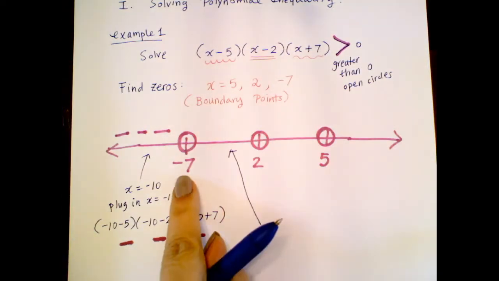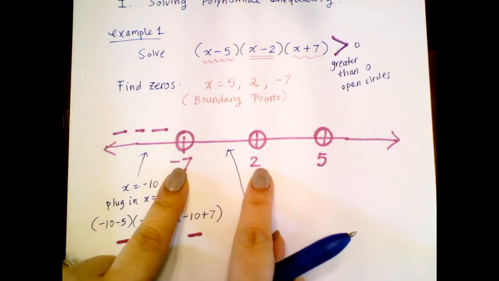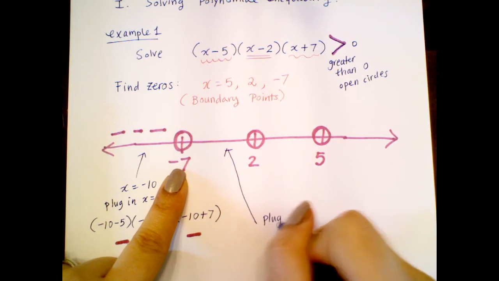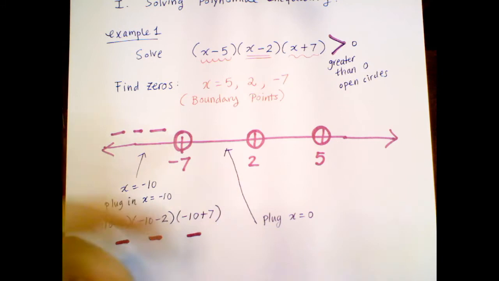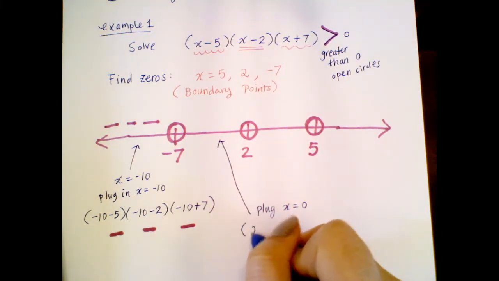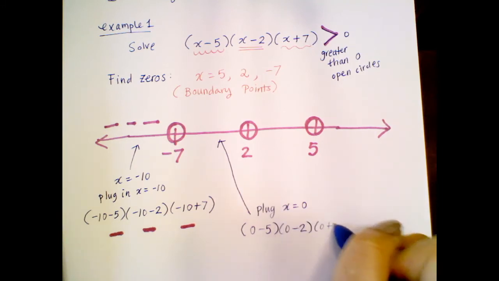Now let's keep going. I'm going to plug in another value, something that's in between negative 7 and 2. Every time you get a negative number and a positive number, what's a good number that we can plug in? We're going to plug in x equals 0. Okay, 0 is in between any negative and a positive number. So I'm going to plug in 0 here. Then I'll get 0 minus 5, 0 minus 2, and 0 plus 7.